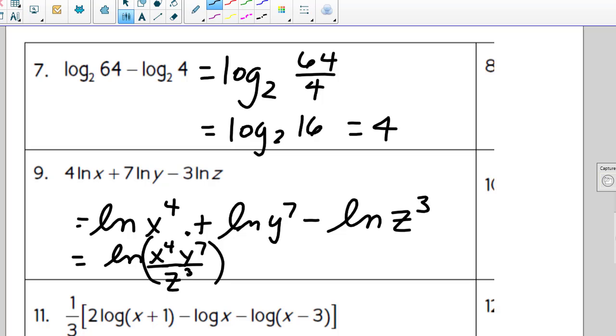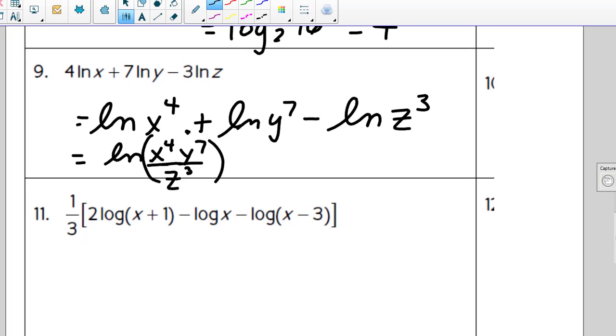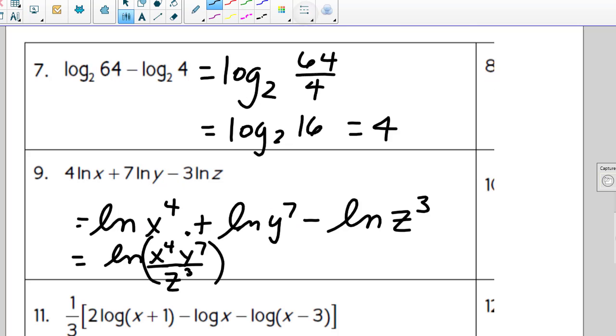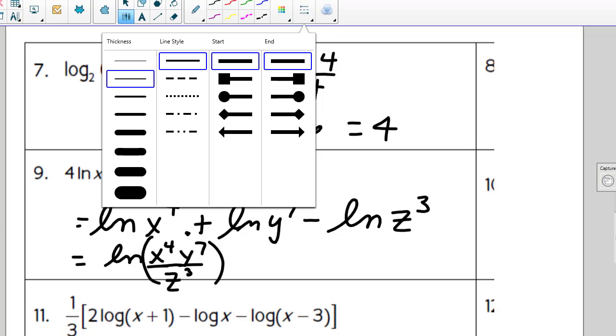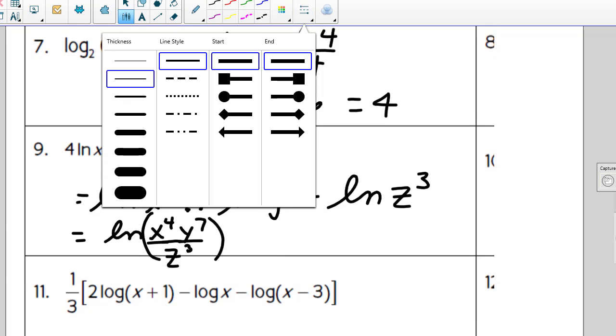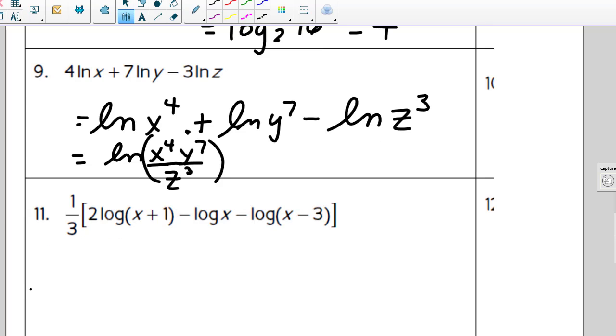Now number 11 is a little tricky. We have to be careful because we had those double minuses. What I want to do is group those together. They will end up on the bottom. We got 1/3.